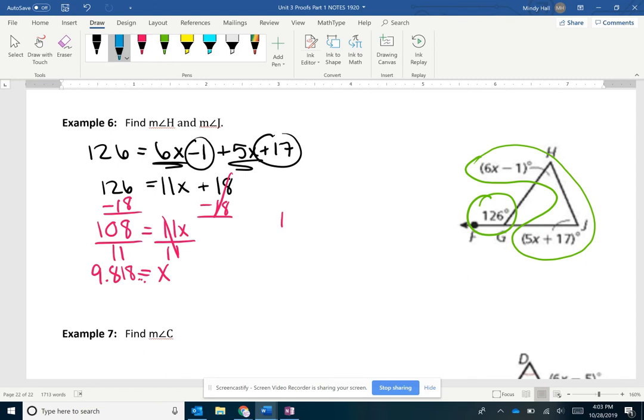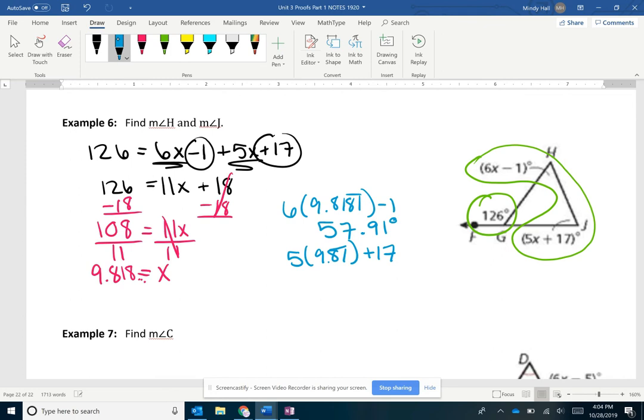But we would want to plug in 6 times 9.818, and it just kind of continues that pattern, minus 1. And then we would also plug it into the 5 times x plus 17. So that number times 6 minus 1 would give us 57.909. So we would just round to 91 degrees.